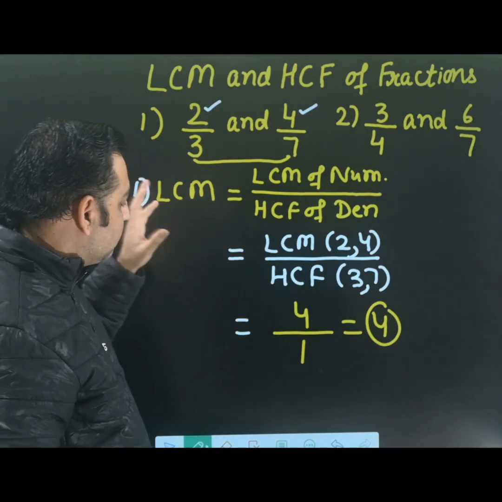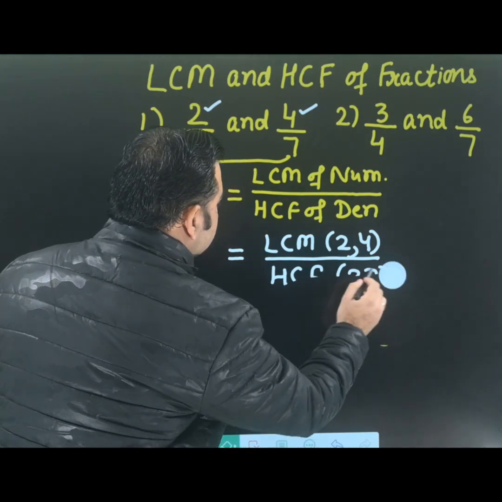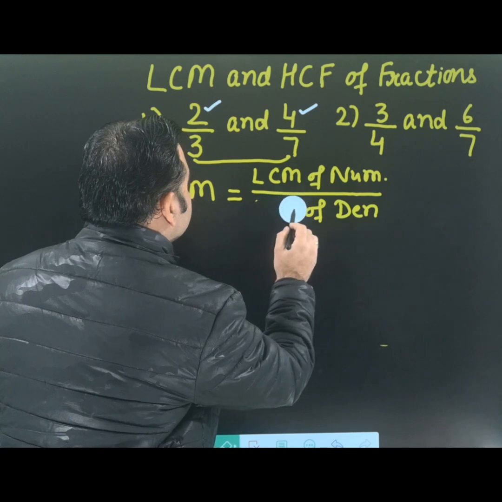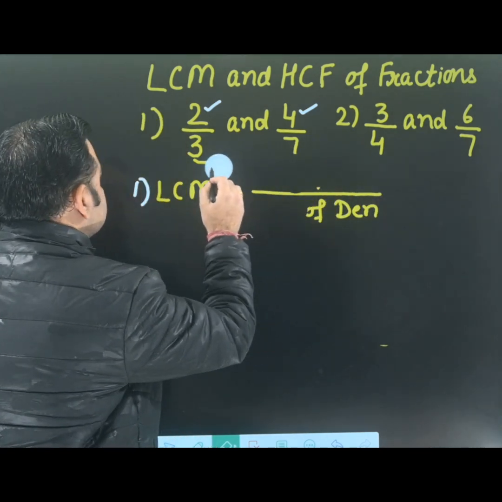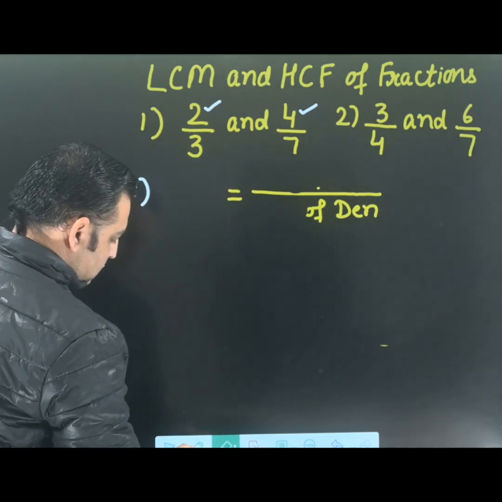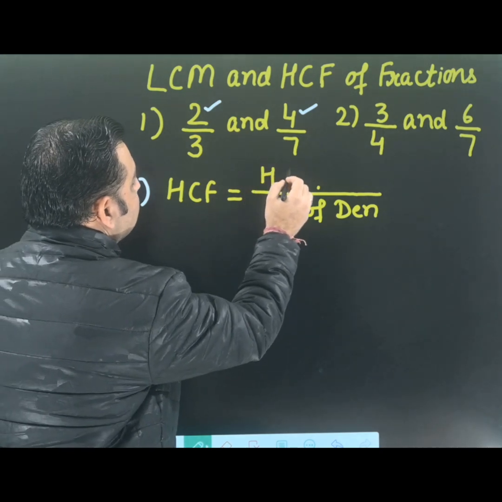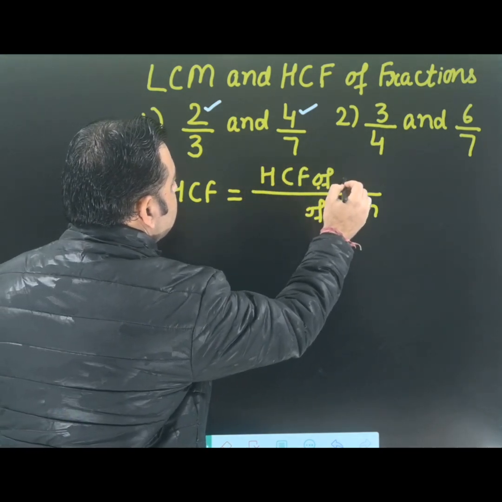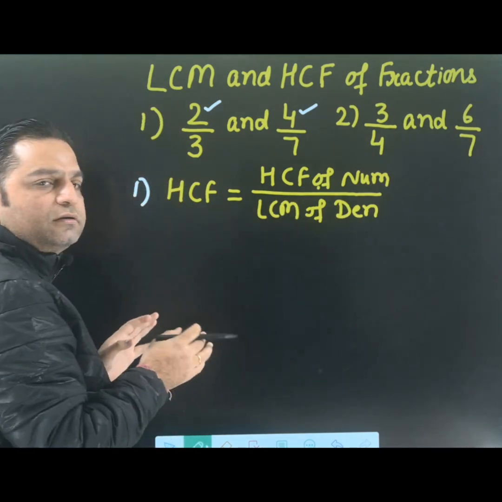This was for LCM, and now let me write the question for, do the same thing for HCF. Let us see what we need to do. For HCF, we will write HCF of numerator and LCM of denominator.